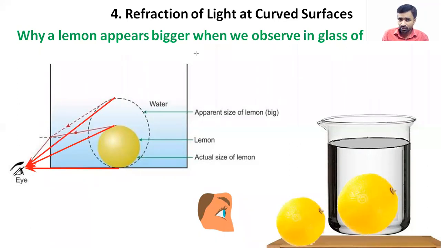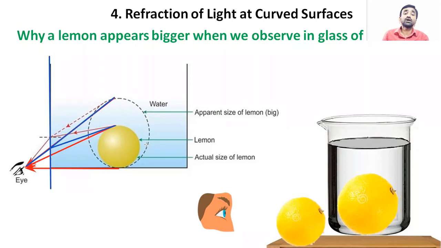Here, what actually happened at the interface where the light is leaving the water surface? At this place, the light will be refracted. Actually, the light is coming in this direction. At this place, the light is refracted like this, but your eye cannot perceive that. It can estimate the light is coming from this point.